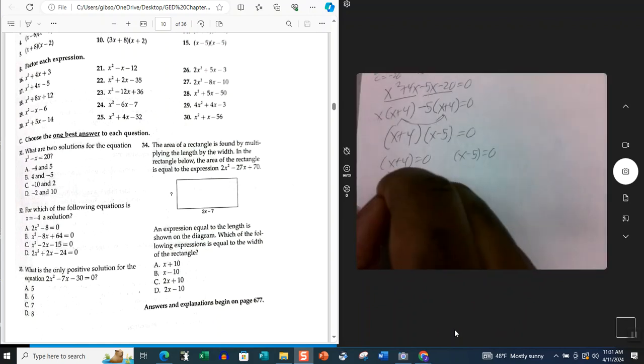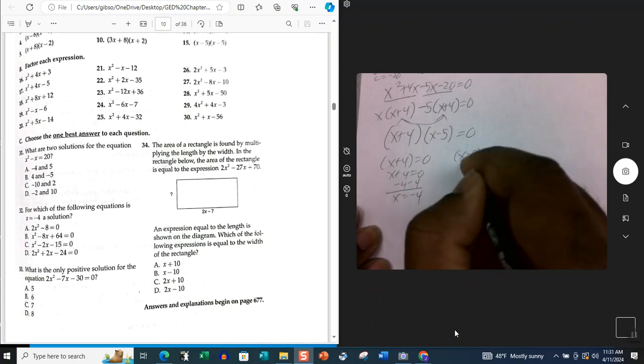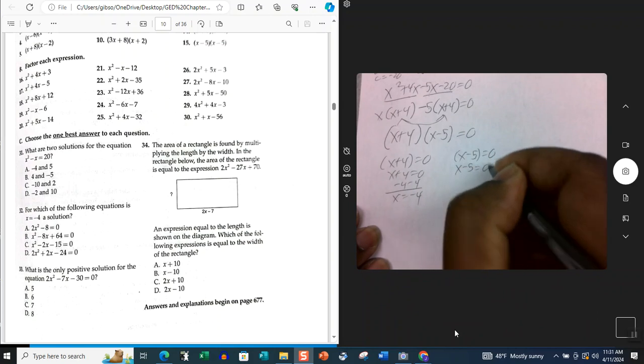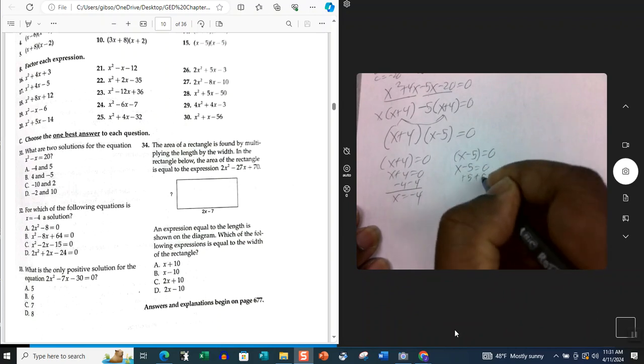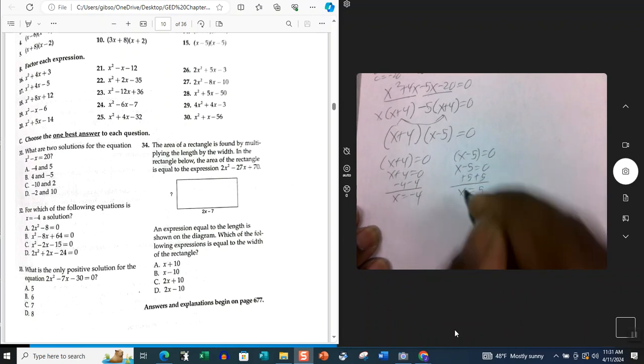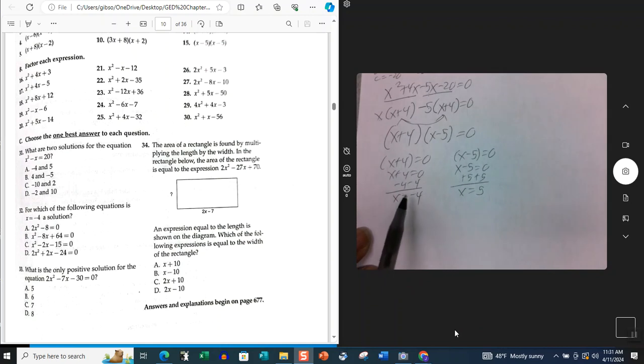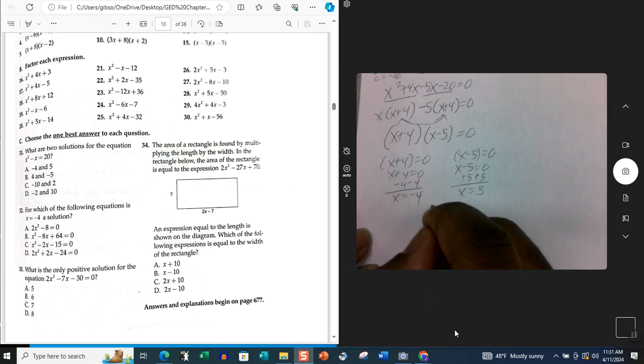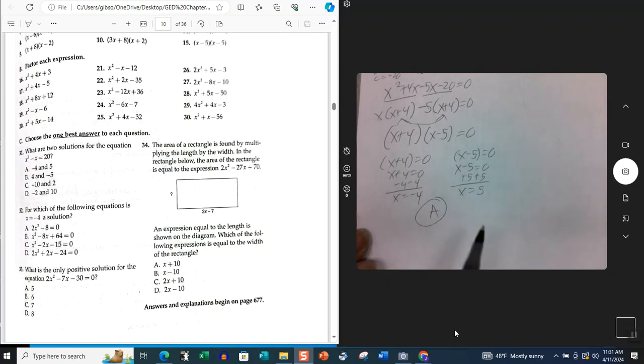So we'll subtract 4 on both sides, and x is negative 4. Then we have x minus 5 equals 0. Add 5 on both sides, and x is 5. So these are the solutions: x is negative 4, and x is 5. So our answer here would be A. And if you want to prove this, if you substitute these values in, they would both work.